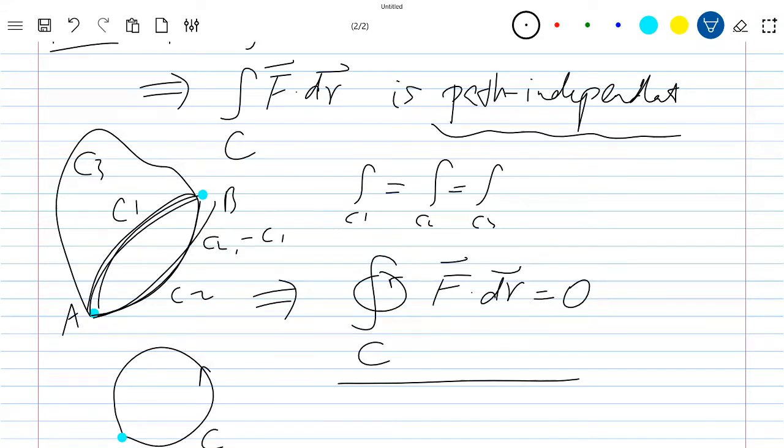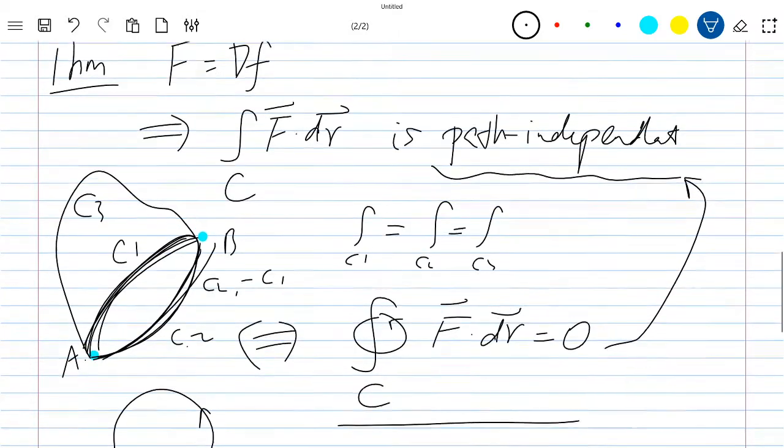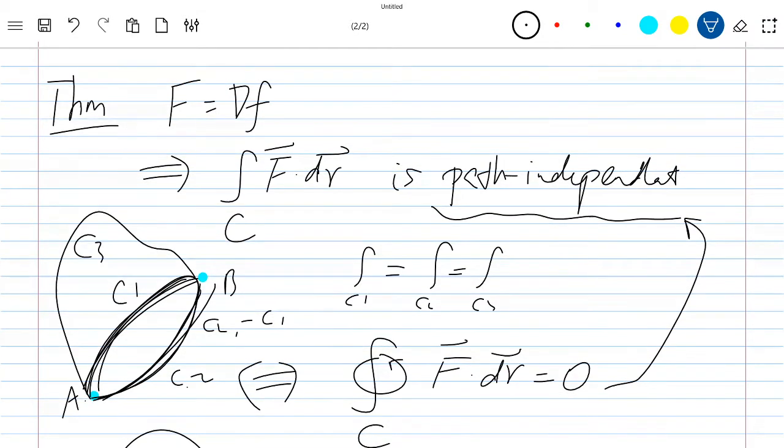So the integral along this closed path is 0, which implies the integration along C2 equals the integration along C1. So you can see the last statement implies the previous one, right? Because for any C1 and C2 with a common starting and end point, if you merge them, with one of them inversed, you will get 0. So it implies the integrals along C1 and C2 are the same.